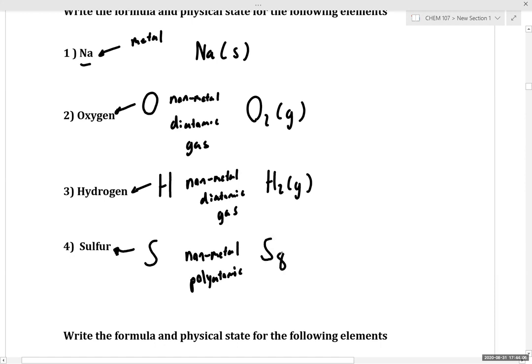So sulfur has a unique formula of S8, and it's given the solid designation. So there we go. We have the formulas and physical states of each of these 4 elements assigned using our provided rules. Any questions on this example?